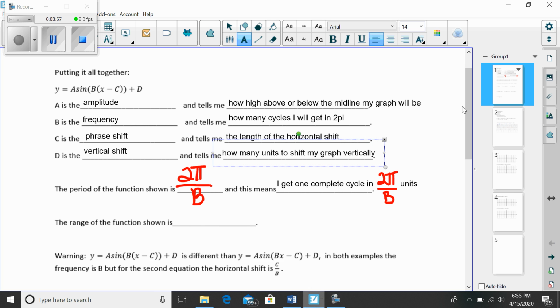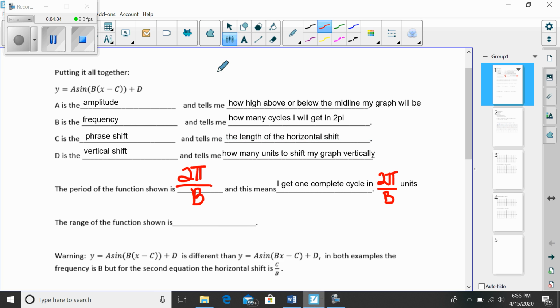And then the range of the graph. If I have an amplitude of say 2, that means that my range of the graph is -2 to +2.